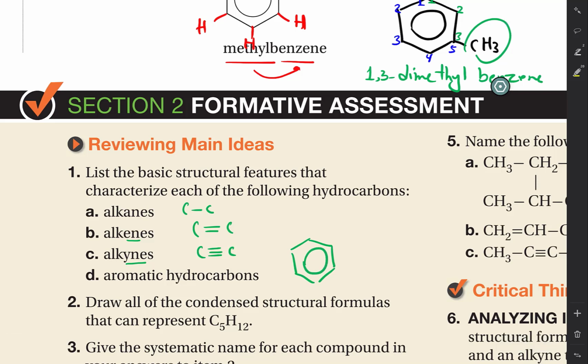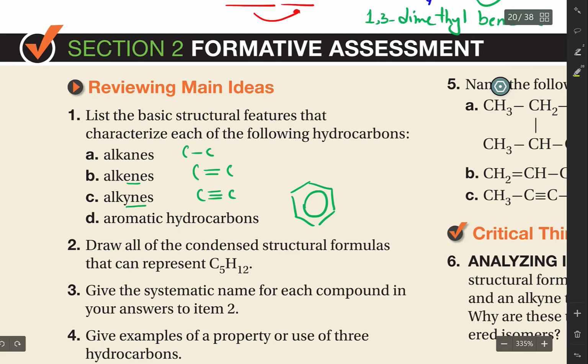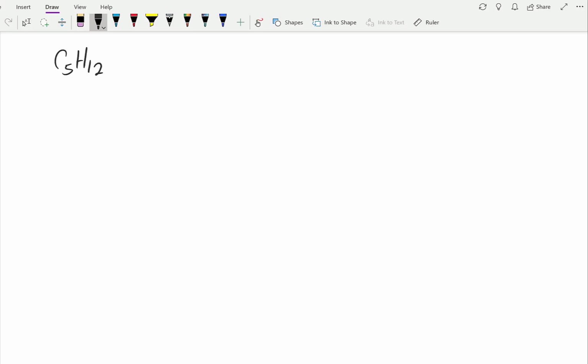Question number 2 says draw all of the condensed structural formulas that can represent C5H12. And question 3 says give the systematic name for each of the compounds in your answer to item 2. So we want to answer these 2 questions together. So I draw all of the isomers for this molecular formula C5H12.